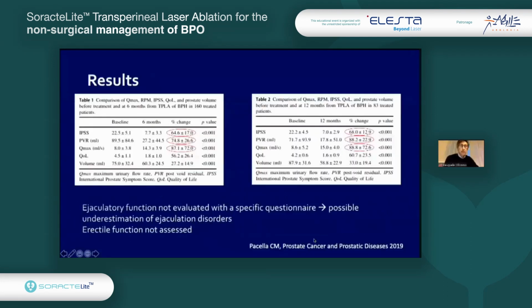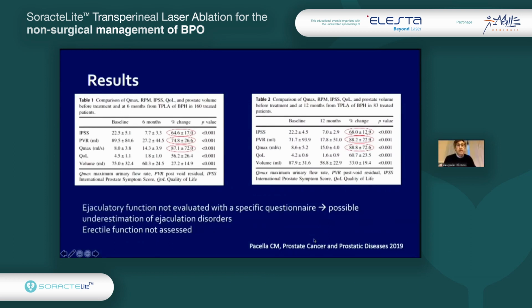from the study. The results are really impressive. On table 1, you have results after 6 months of follow-up, and on the right after 1 year of follow-up. And basically, the results are pretty similar.